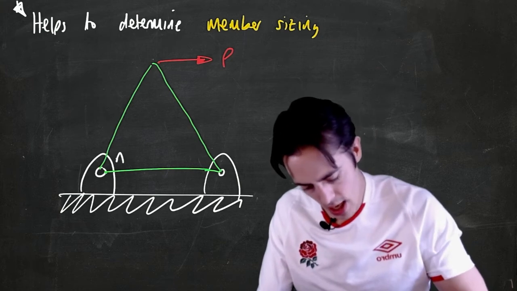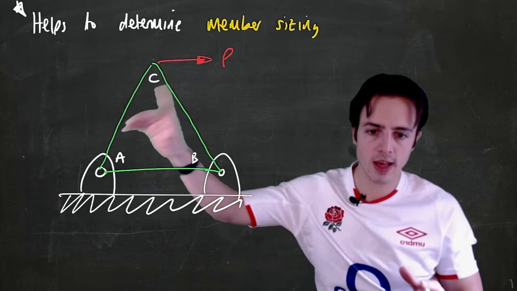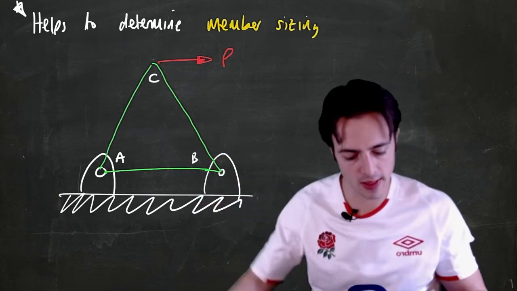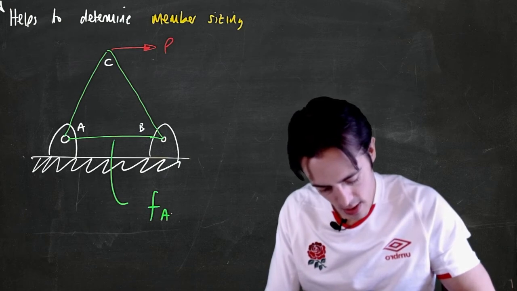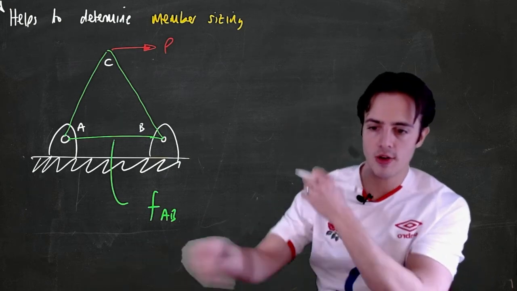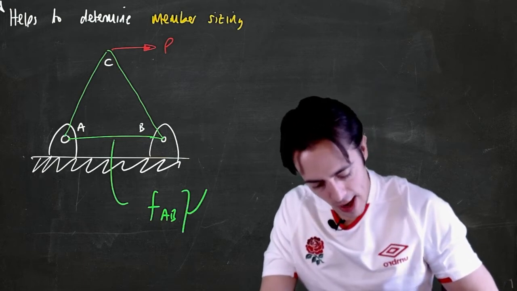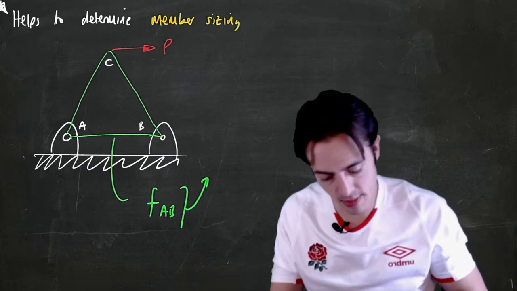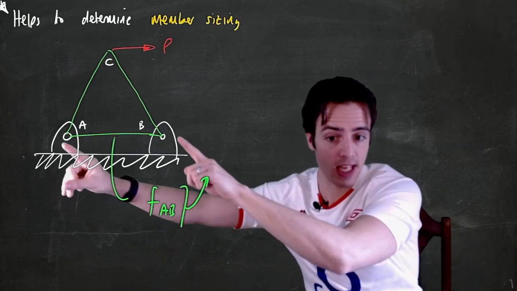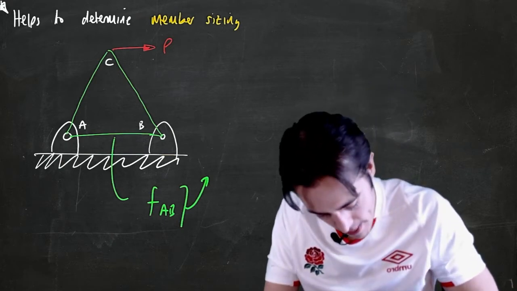Let's say we've got A, B and C. So you've solved this problem, you've worked out all of those internal forces within the structure. So let's say you have determined FAB in this structure. A couple of things are going to help us determine how big member AB needs to be. Well, we know its length because we're given that in the problem. What we can determine is what its cross-sectional area needs to be.